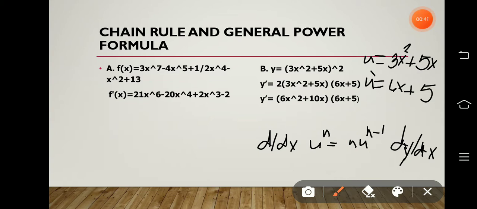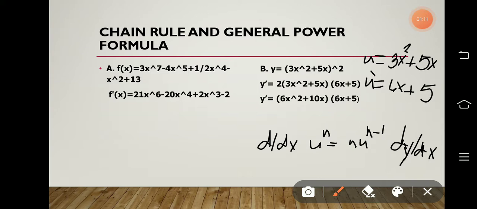Okay, let's go to the chain rule and general power formula. The first equation is f of x equals 3x raised to 7 minus 4x raised to 5 plus 1/2 x to the fourth minus x squared plus 13. The derivative of the general power formula is d over dx of u raised to n equals n u raised to n minus 1 du/dx.